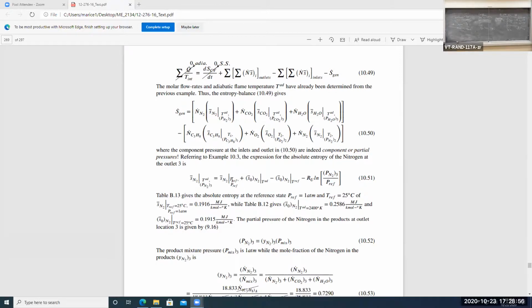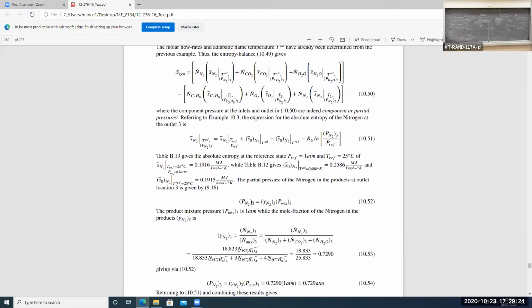So that's what you plug in right here. There's the entropy of formation. There's the S naught at the reference temperature, which is also the entropy of formation. And then we have S naught evaluated at the adiabatic flame temperature, 2400, which turns out to be 0.25 megajoules per kilomole. All this stuff was had from tables.